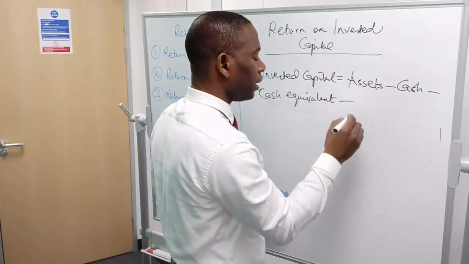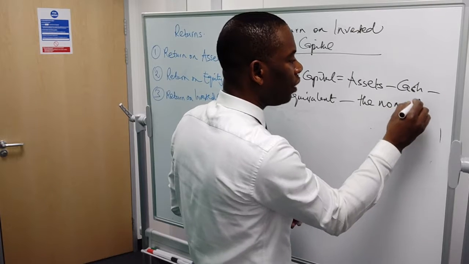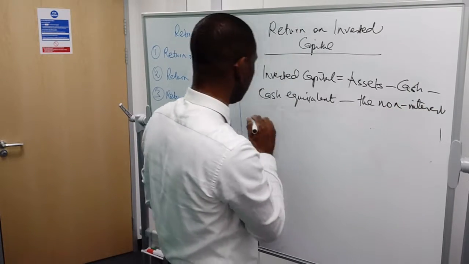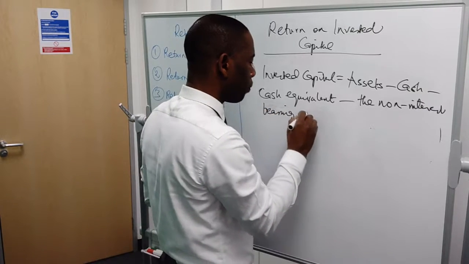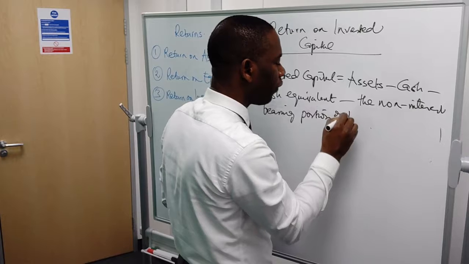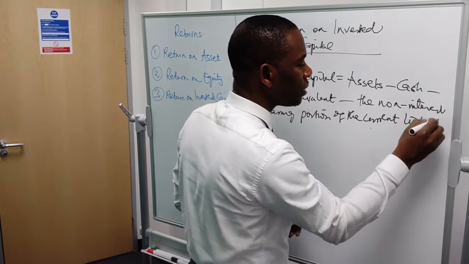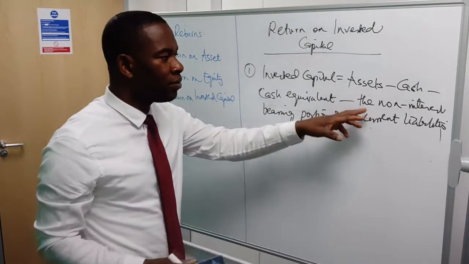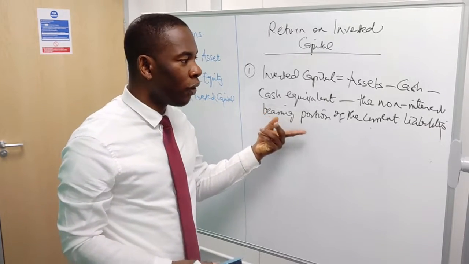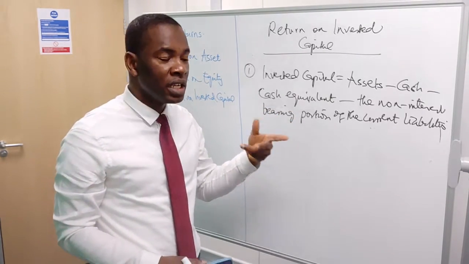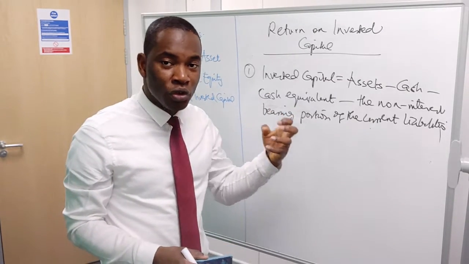take away the non-interest bearing portion of the current liabilities. So what this means is you go to your current liabilities and then you look for the things that you need to pay within this financial year that the money is not available for you to use.